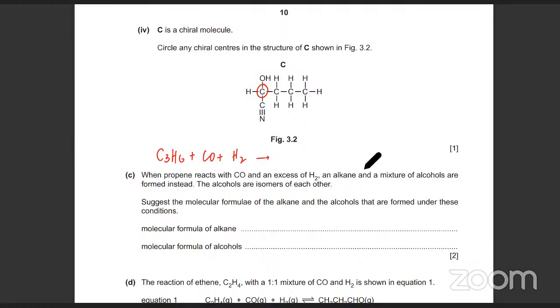So he's saying that an alkane and a mixture of alcohols are formed instead. And the alcohols are isomers of each other. So what is the molecular formula of the alkane and what is the molecular formula of the alcohol? Now, assuming it's 1:1 or not?